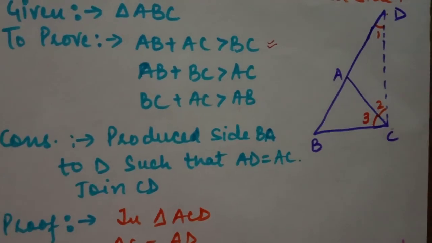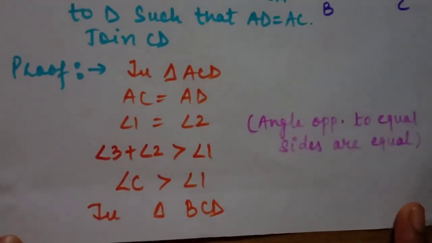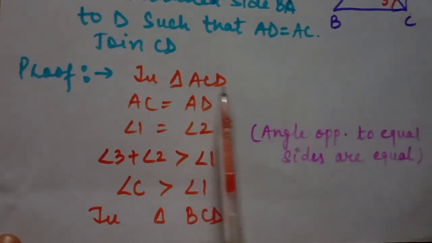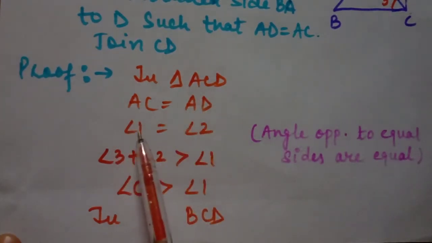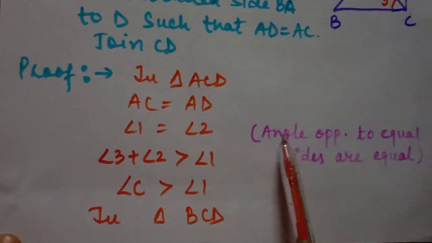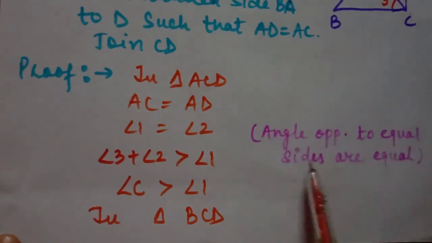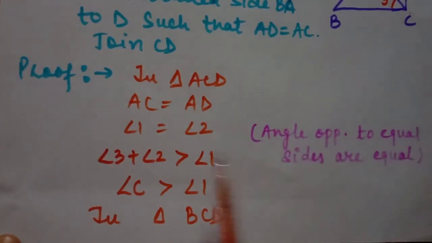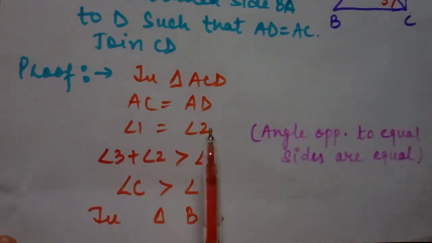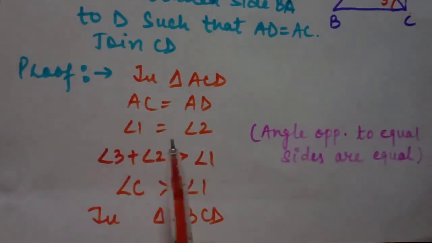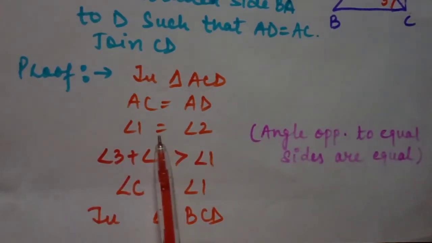So in triangle ACD, AC is equal to AD, so the base angles, angle 1 and angle 2, are also equal to each other. Angles opposite to equal sides are equal. If we add angle 3 to angle 2, not to angle 1, definitely this equal sign is not possible now.